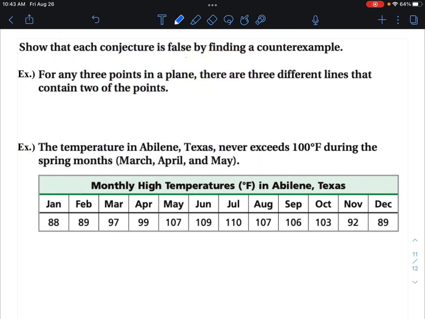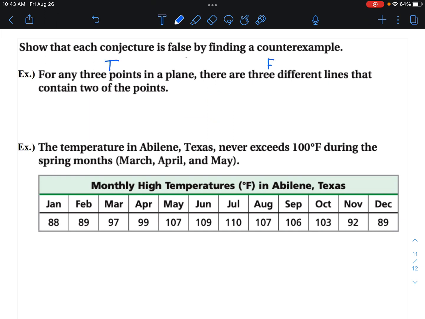For any 3 points in a plane, that's the if part. If you have 3 points in a plane, then there are 3 different lines that contain 2 of the points. And for the most part, 3 points in a plane like this, there's 1 line, there's 2 lines, there's 3 lines. But, so our hypothesis is true.